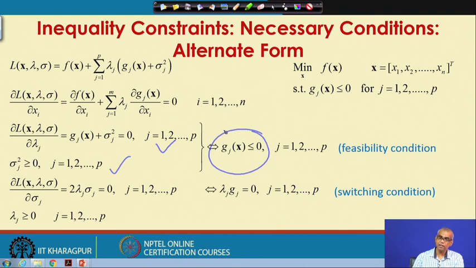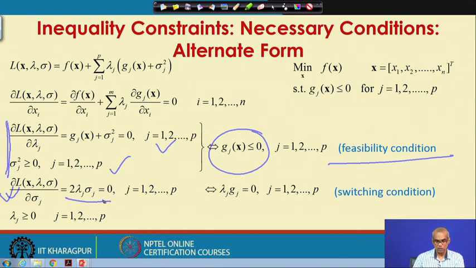So, if I can directly ensure g less or equal to 0, which I call the feasibility condition, I do not need these two conditions, and I can do away with the sigma term. Similarly, the derivative of the Lagrangian function with respect to the slack variable sigma gives me 2 lambda j sigma j equal to 0, which we call the switching function.